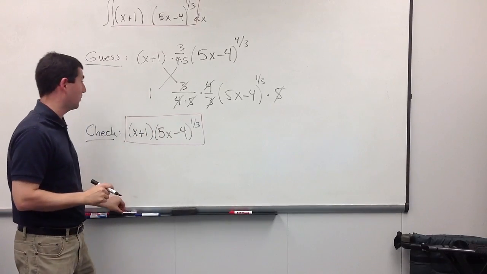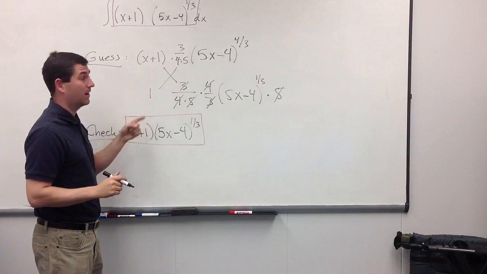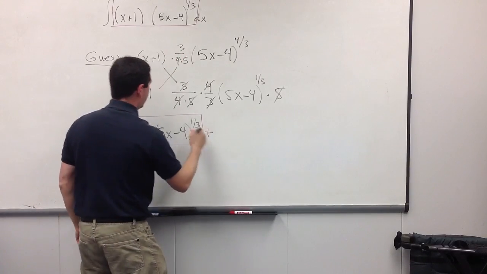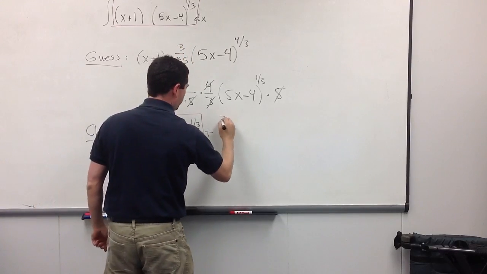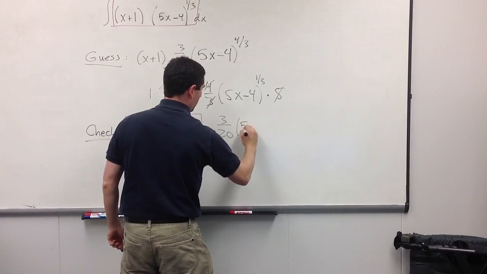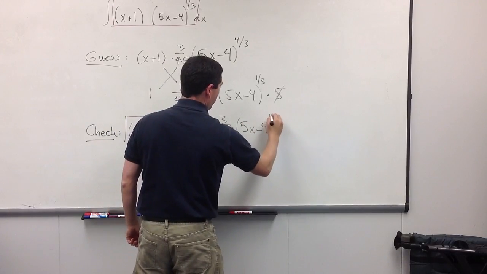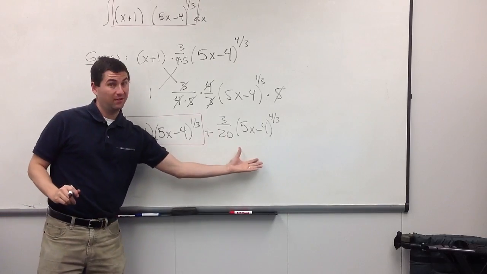The bad news is we're not done. We also have to add this other term. So this is going to give us a plus 1 times, all right, so this is 3/20, 5x minus 4 to the 4/3.